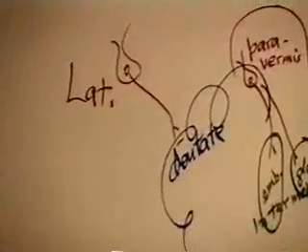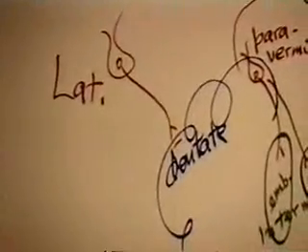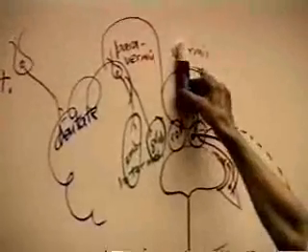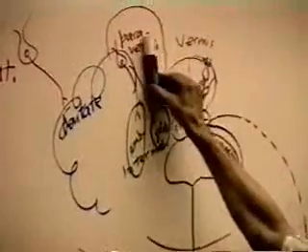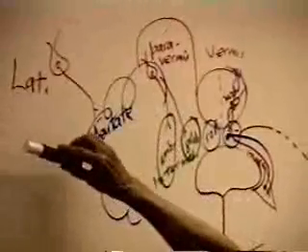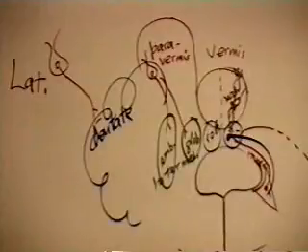So we have 3 sets of deep nuclei, 3 sets of cerebellar cortex. Vermian and roof, paravermian and intermediate, and lateral, the big bulk of cerebellar cortex, and dentate, the big bulk of deep nucleus.